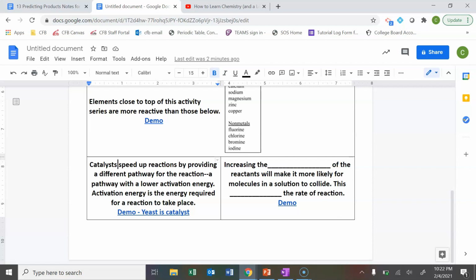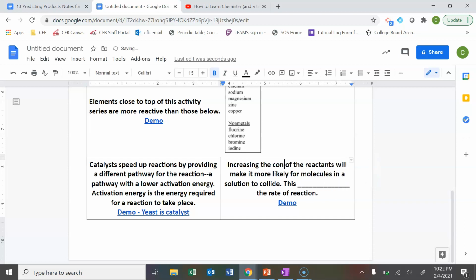All right, finally, increasing, and we haven't really talked a lot about this term yet, but increasing the concentration of the reactants will make it more likely for the molecules in a solution to collide. And this increases the rate of the reaction. Concentration is how many particles of reactants are in a solution.